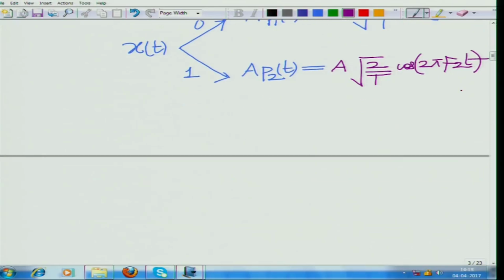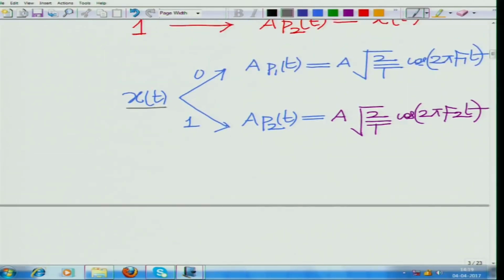And now you can see that for this x(t), you are either mapping it to the waveform A times square root of 2 over T cosine 2 pi f1 t, or for the information bit 1 to the waveform A times square root of 2 over T cosine 2 pi f2 t.